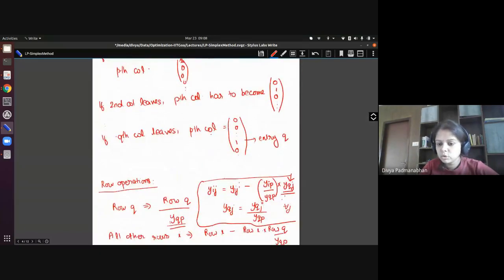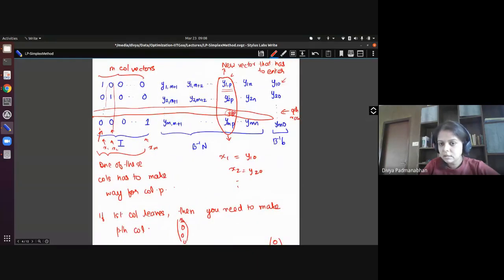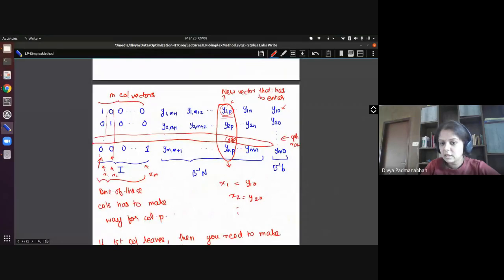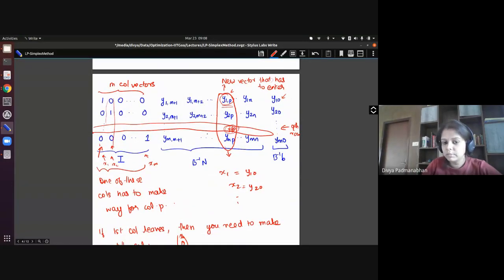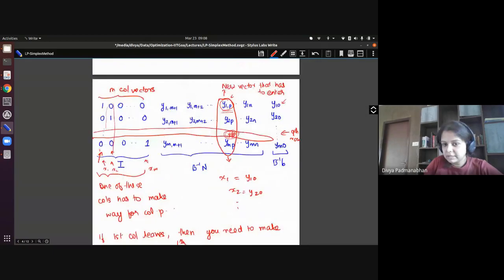So what you would do is take this ratio, y_ip by y_qp. So this entry divided by y_qp, you would multiply with this whole row, and then subtract that from this row.